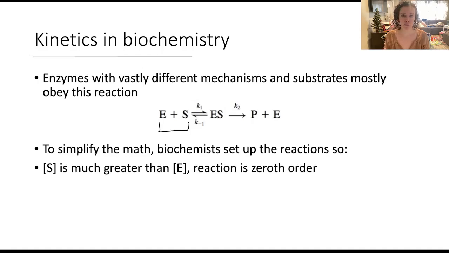They have not bound to each other yet. Then that enzyme and substrate can bind, and the binding is represented by the rate K1 to form the enzyme substrate complex, where the enzyme has bound to its substrate. The rate K minus 1 is the rate of dissociation or unbinding.